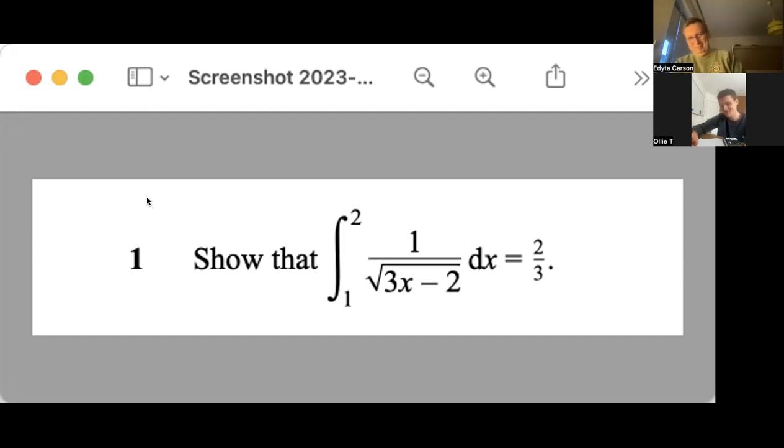I can't. Good, because I never mentioned it before. Why wouldn't it be a composite? Well, there's only one function there. There isn't two.